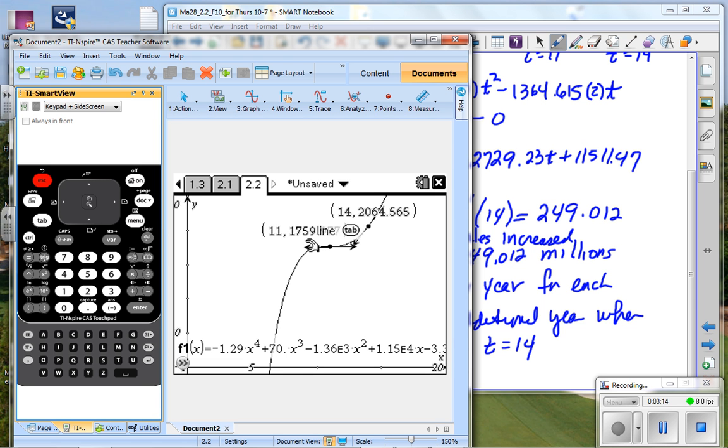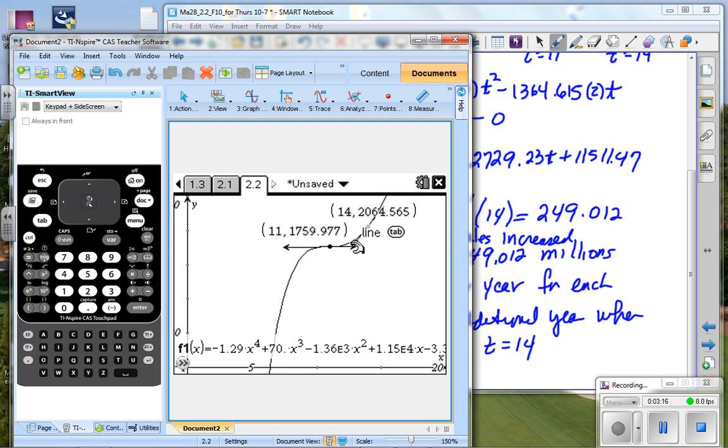Look at this tangent. This tangent at 11 actually crosses the graph right there. That's why we had to change our definition of what tangency is.